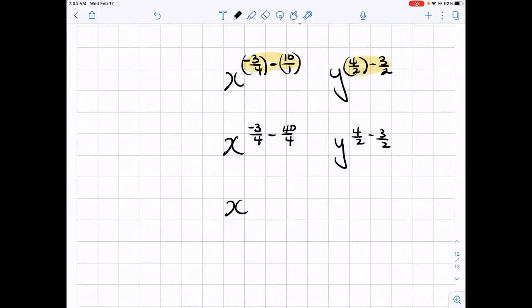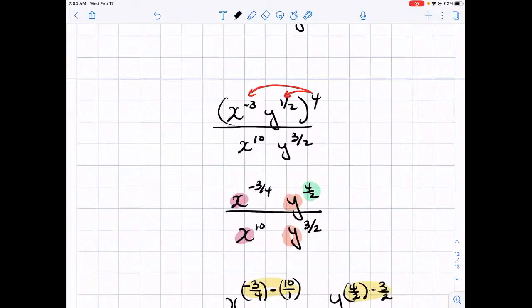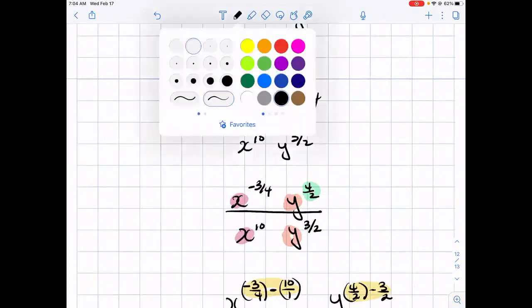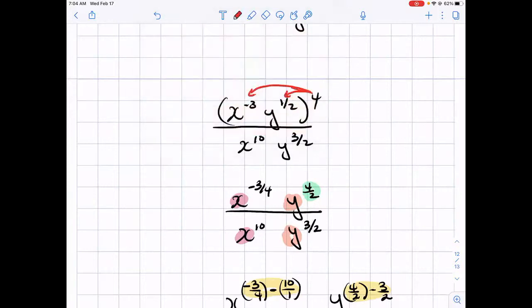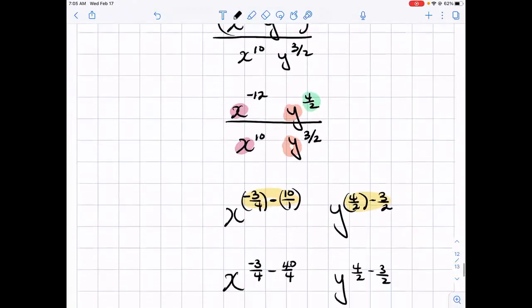Okay. And we combine the power here. Just observe that there is an error. Let's go back. When we multiply 4 times -3, this becomes -12. Okay. This is -12. So here we have -12 over 1.